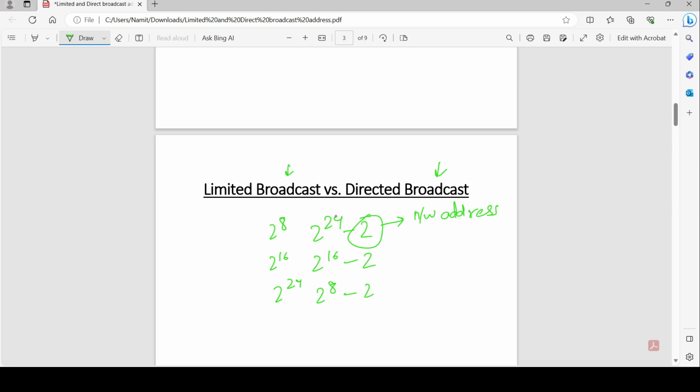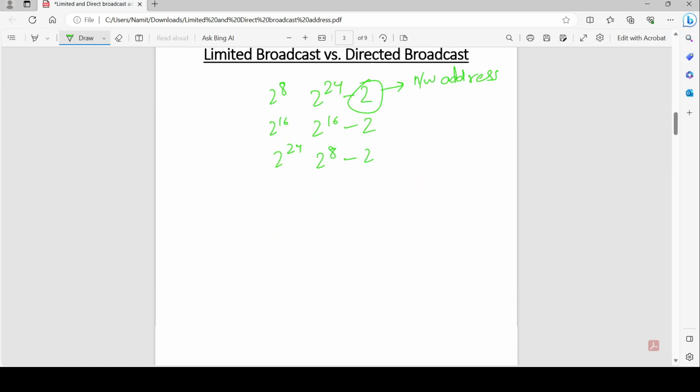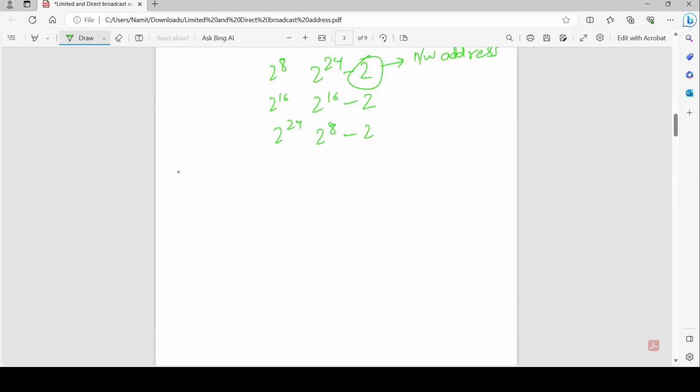Now, what is a broadcast address? Broadcasting is a procedure or method in which a sender wants to communicate with all the hosts of the current network or a different network.